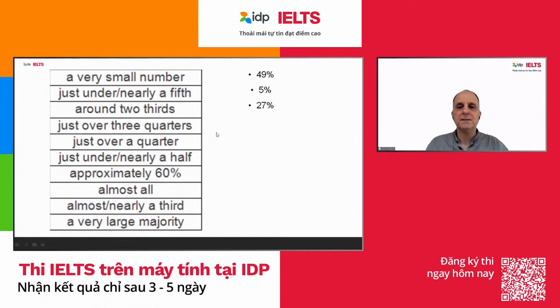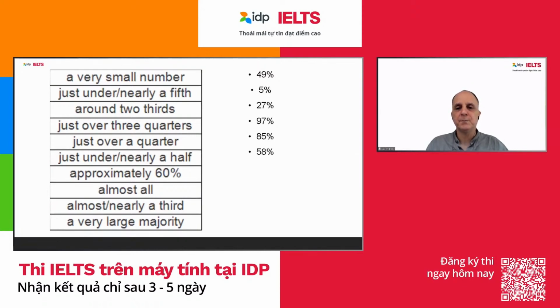Uh, 27%? No, for this one. Yes, just over a quarter. 90%? 97, sorry. Almost all, very good. 85? That's it, very good. A very large majority.